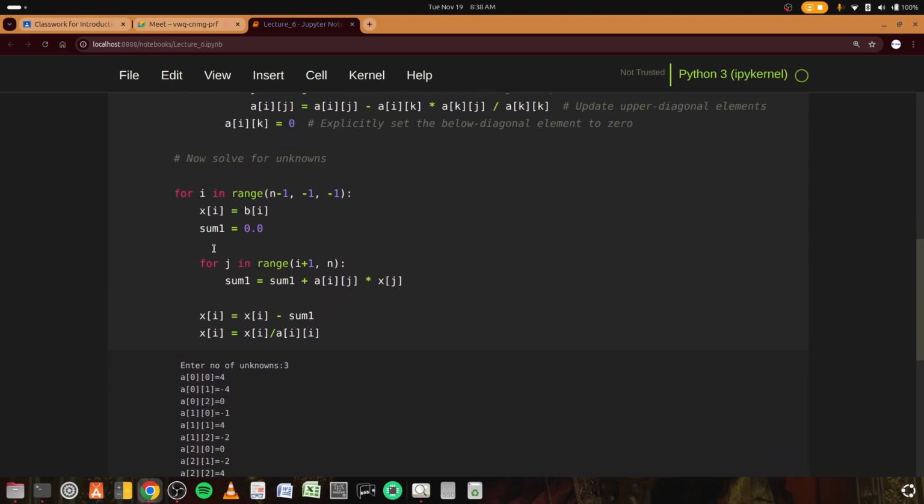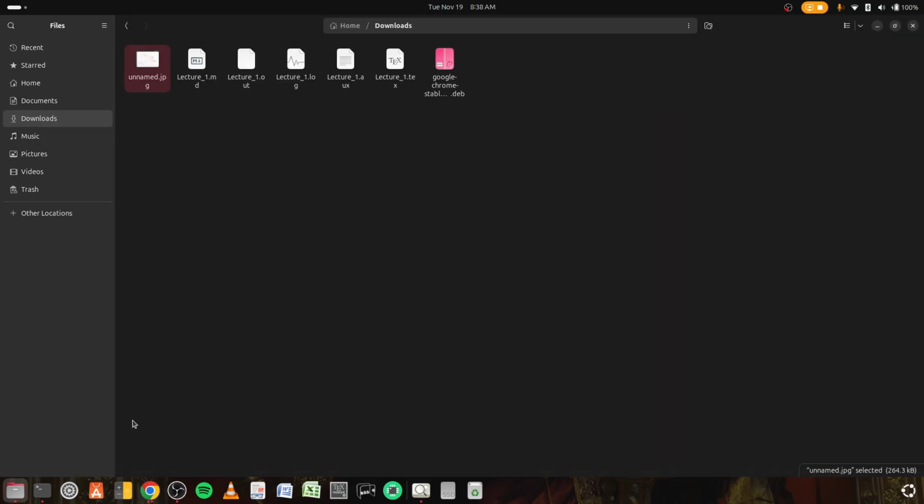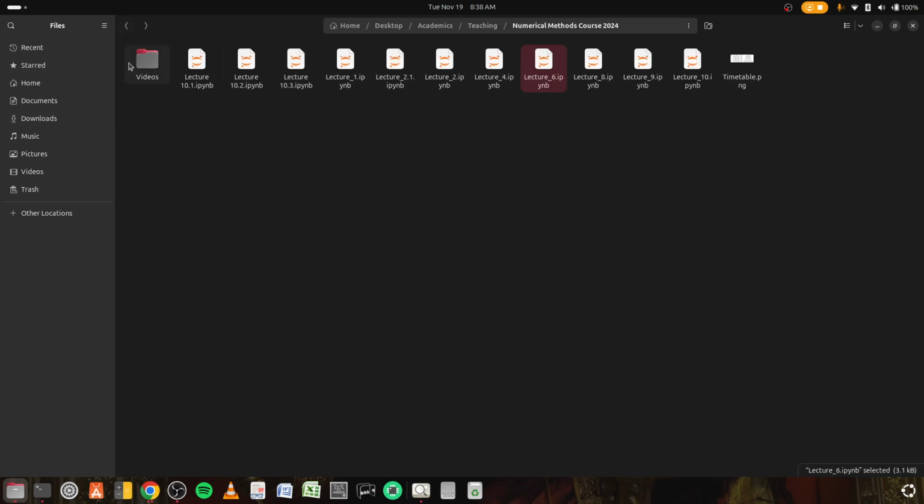Now you have to carry out the back substitution. This is easy. We just start with xi equal to bi and implement equation 17. Here is equation 17.